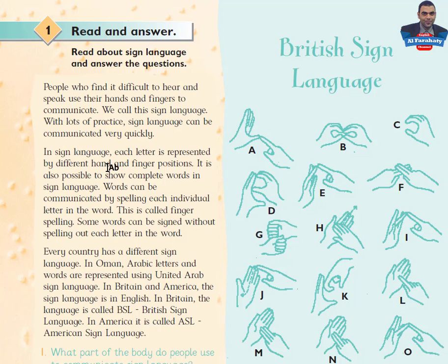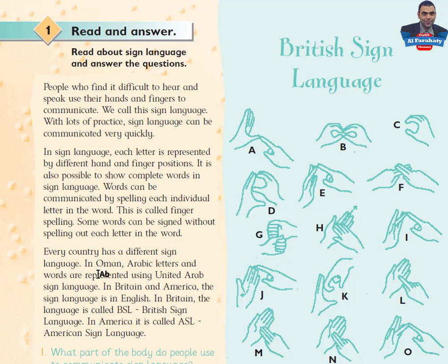In sign language, each letter is represented by different hand and finger positions. It is also possible to show complete words in sign language. Words can be communicated by spelling each individual letter in the word. This is called finger spelling. Some words can be signed without spelling out each letter in the word.